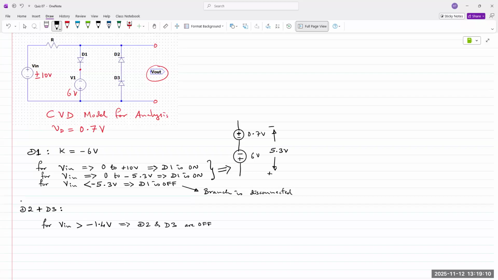Negative simply means the voltage supply V in is flipped. That's all it means, right? You're flipping. So the positive terminal is at the bottom. And for V in less than 1.4, D2 and D3 are on.